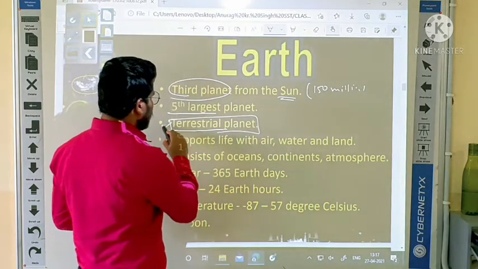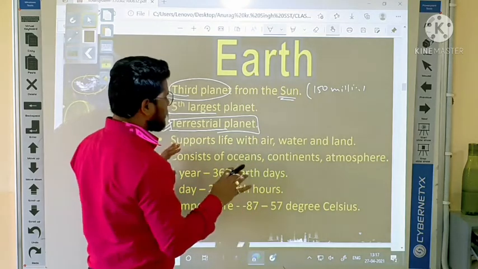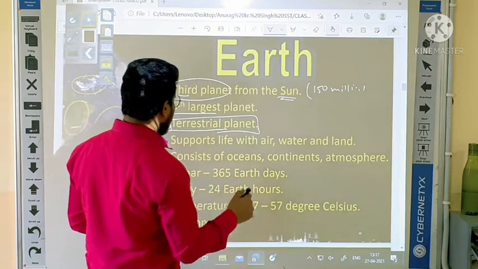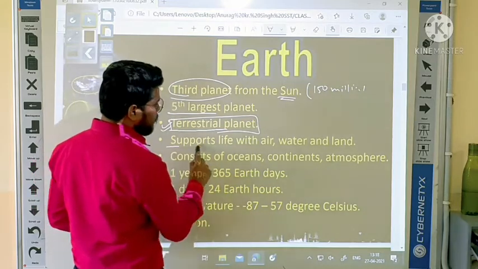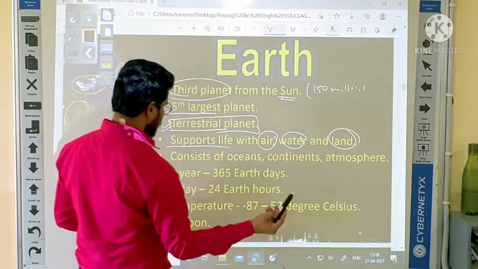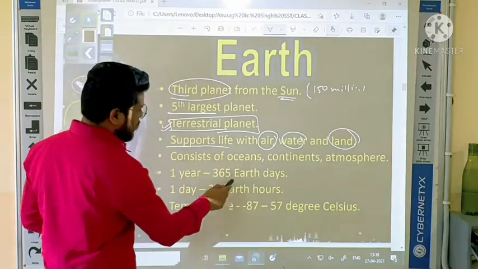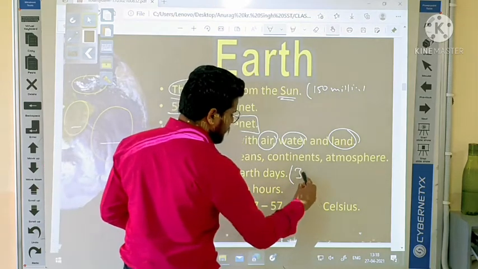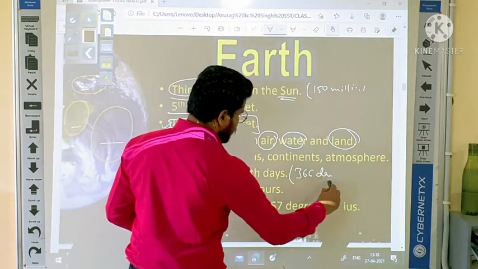Left this point because it is not in your book, but I make you understand this point. Now come on this point. It supports life. I told you due to air, water, and land. Now next point. 1 year is equal to 365 days year, but leap year is 366 days.